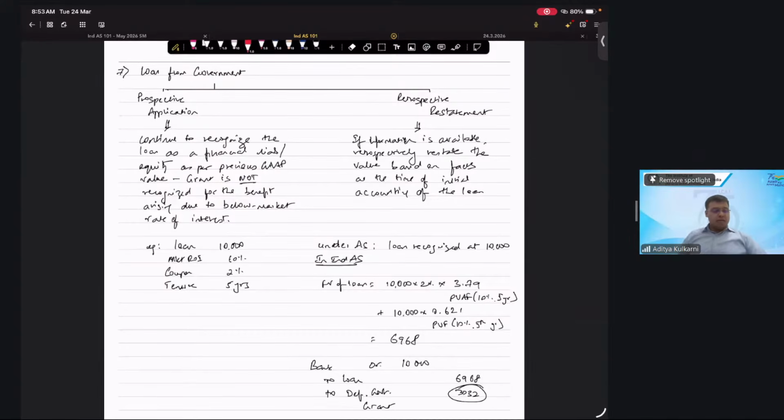Loan taken from the government. This would typically involve loans which are obtained at extremely low rates of interest. Okay, this would amount to taking loans at an absolutely low rate of interest. So there are two options which the standard gives you. One is a prospective application. The other is a retrospective restatement.